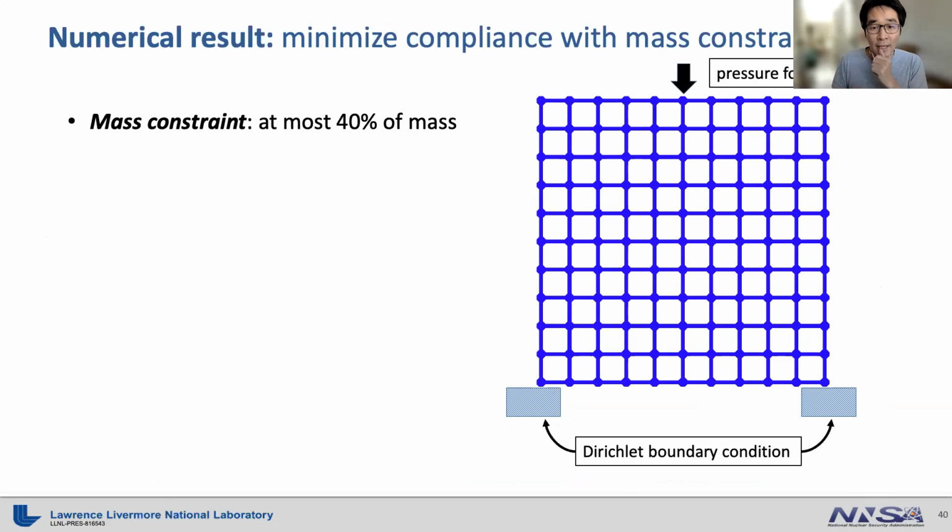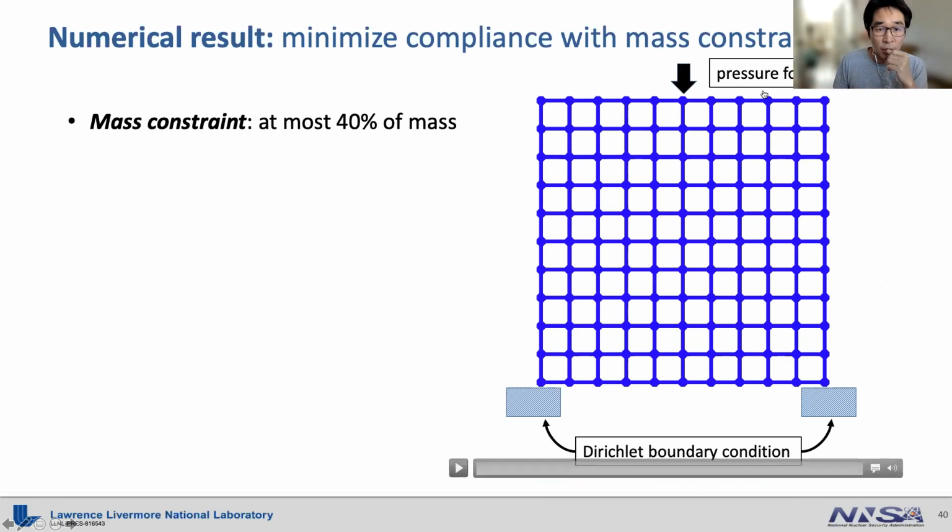Okay, we have applied this component-wise reduced model to this, in numerical results. Here, the pressure force is applied on the top and the middle, and the boundary conditions are applied at the bottom. And then we ask that only 40% of the mass should remain in the optimal lattice structure.